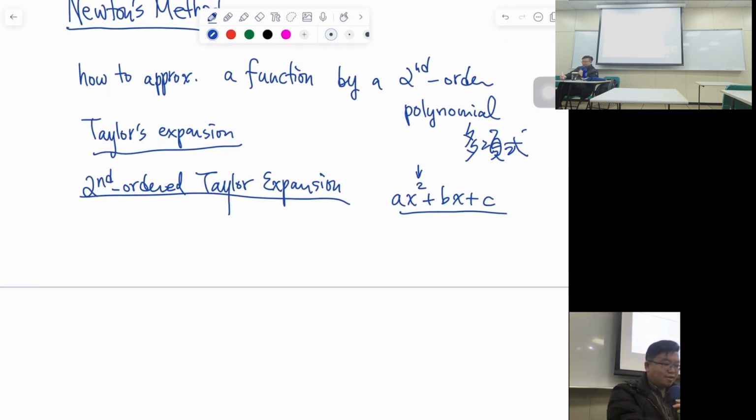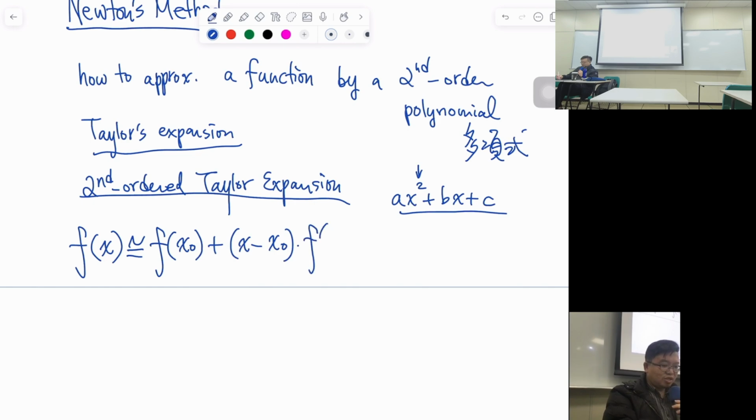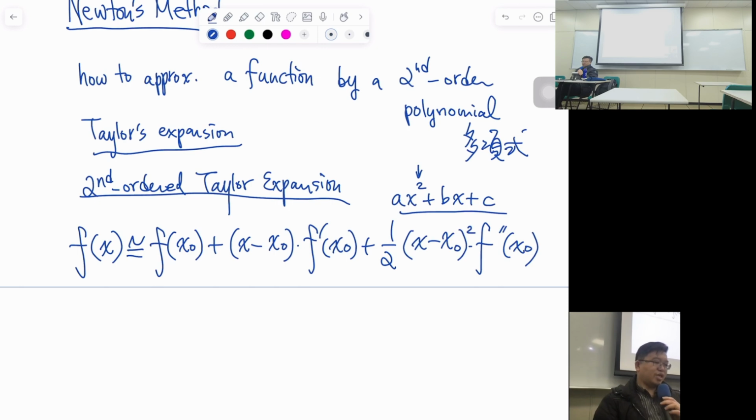So I'm not sure if everyone remembers this. So a function equals to this. If you still remember, that's the second order Taylor expansion, okay? And this is your expansion point. Why do we do this?